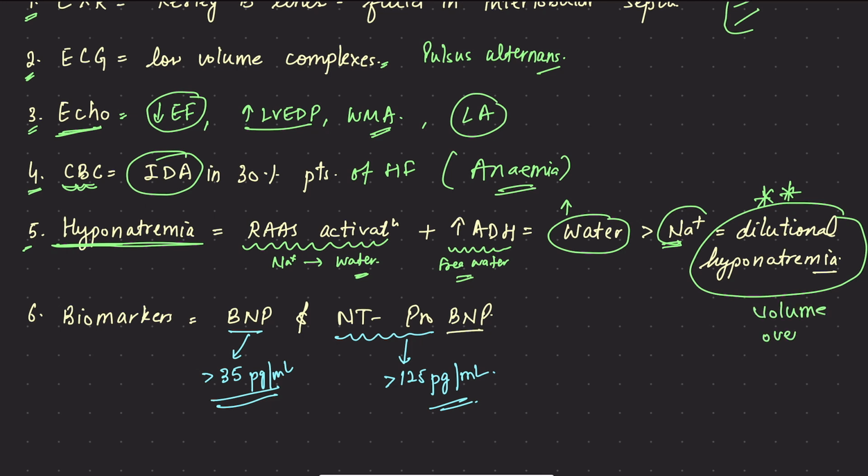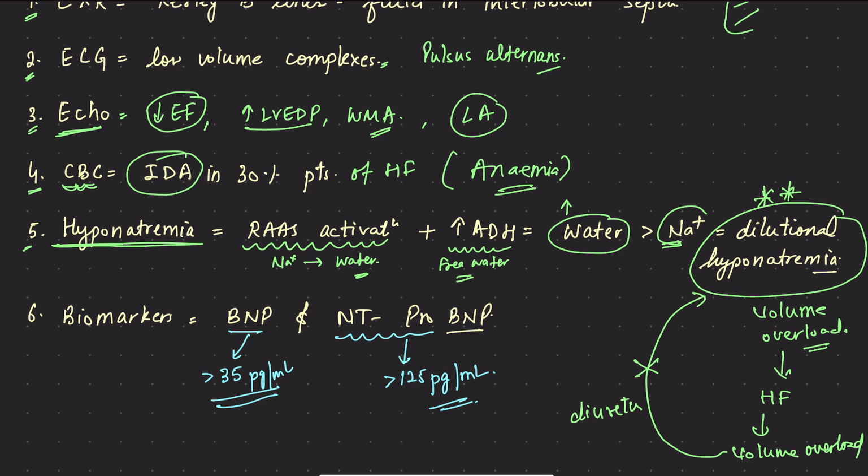This volume overload will cause heart failure, and heart failure will cause volume overload. So basically, this is a vicious cycle. You have to break it by giving diuretics. Diuretics are basically for congestion.